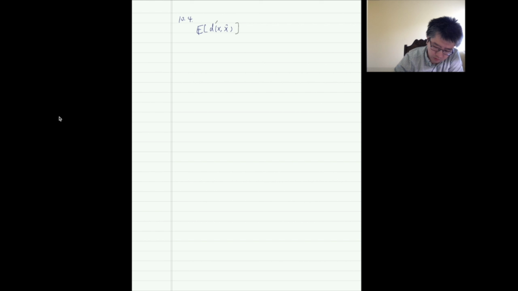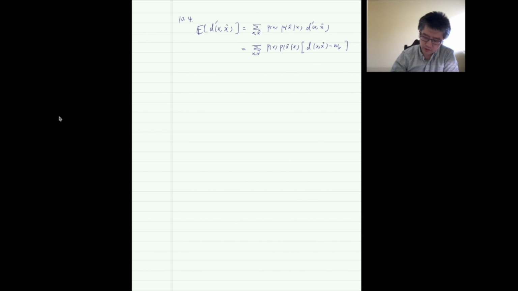By definition, this equals this. Then we plug in the definition of the new distortion, which is d(x, x hat) minus w(x). Here the index is x.